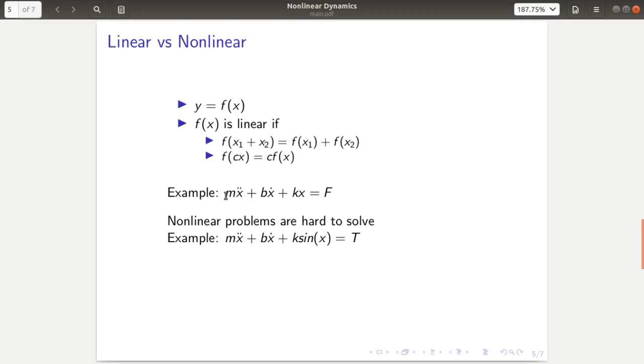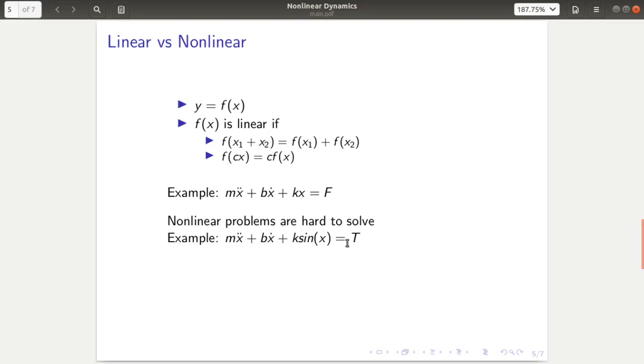So then this differential equation is a linear differential equation. However, this equation is not a linear differential equation, it's a nonlinear differential equation. You could verify it yourself by substituting x1 and x2 and checking whether substituting x1 plus x2 gives you the sum of the individual outputs.